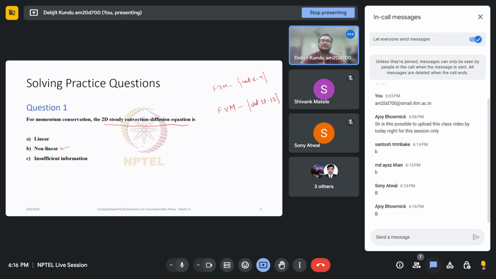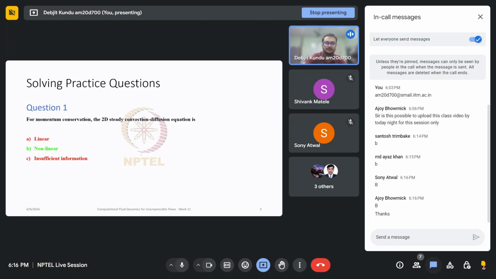Okay, so we have multiple responses in favor of option B. Let's have a look at the solution, which we did peek into briefly due to my clumsiness, and indeed it is non-linear.